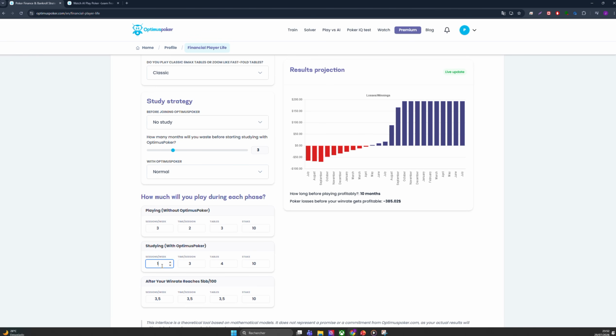Keep in mind that playing and learning poker is the same as for any other sport. Whether you play football, tennis, or whatever, you spend much more time training than playing a game.